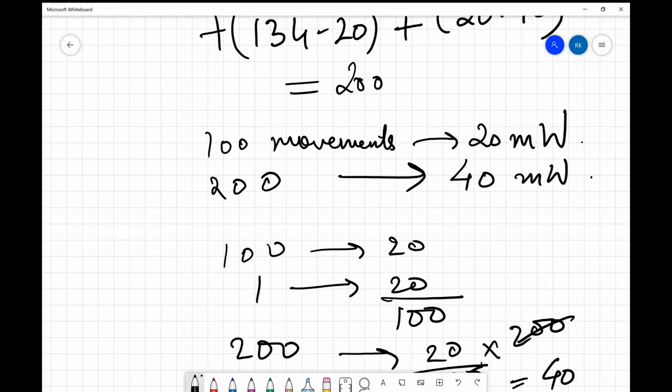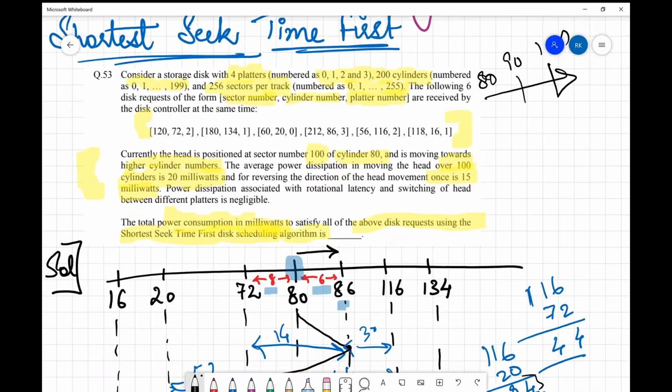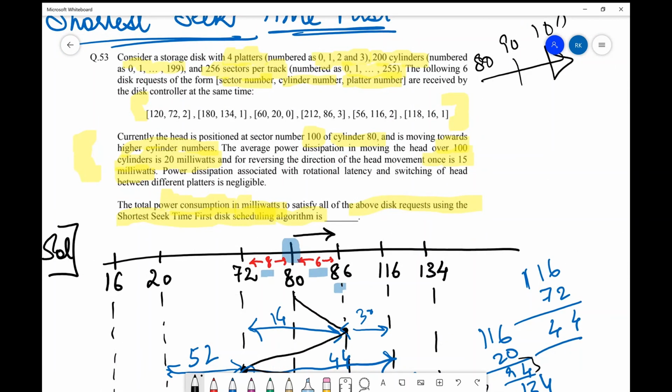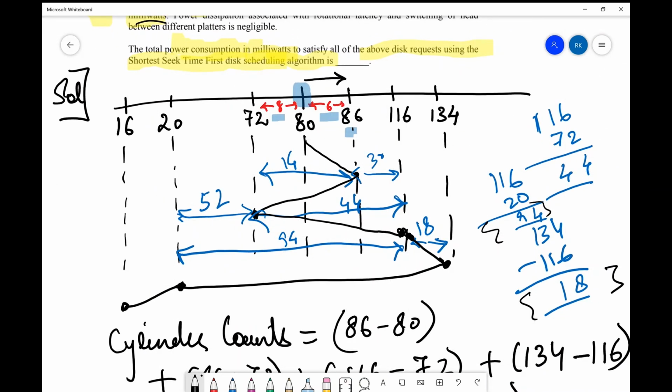And now other thing is that they also said that when you change the direction, then also power dissipation occurs. So they say for every direction change, 15 milliwatts of power dissipation occurs, as it is written over here. So we'll check the number of direction changes that we have done. So this is 1 over here, just 1 direction change over here, second over here, third and fourth.